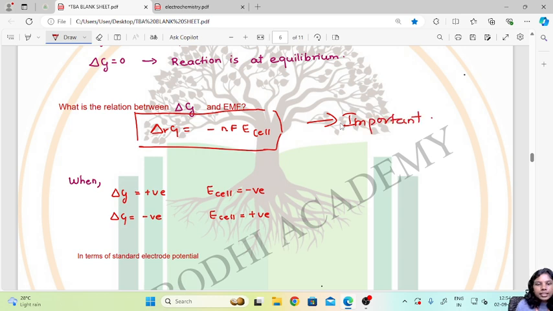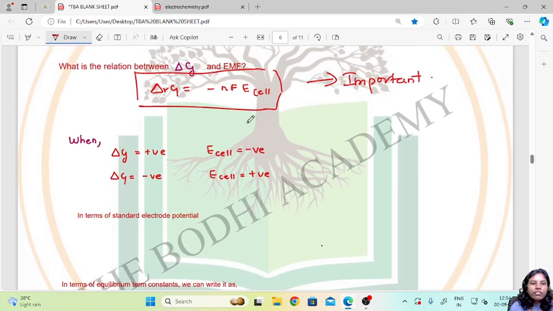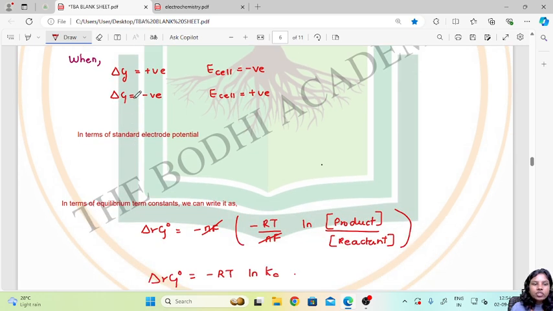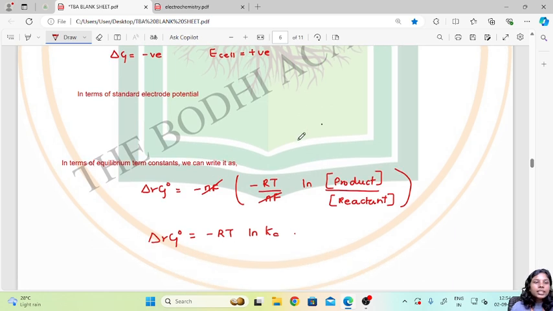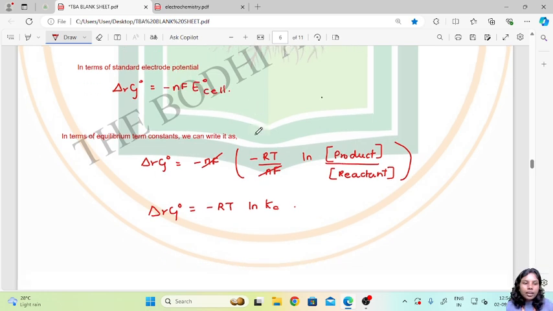So now in this, if our delta G is positive, we say that E cell is negative, and if our delta G is negative, we say that our E cell is positive. So in terms of standard electrode potential, simply our equation will change to delta rG naught equals minus nF E naught cell. Okay, so this will be our equation.